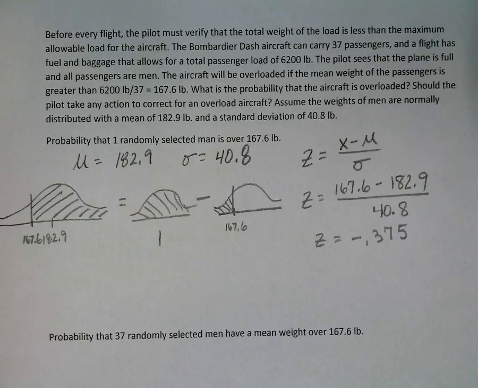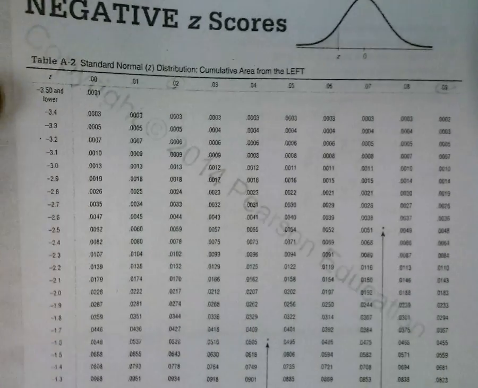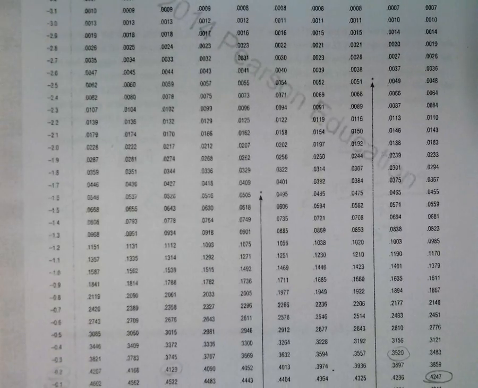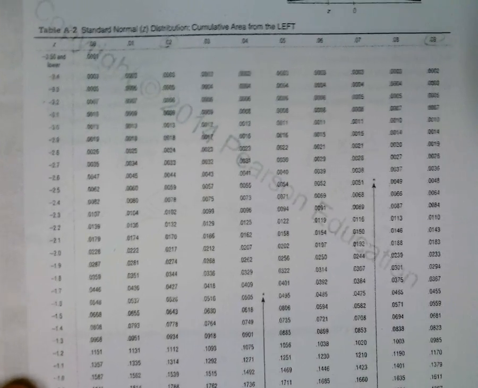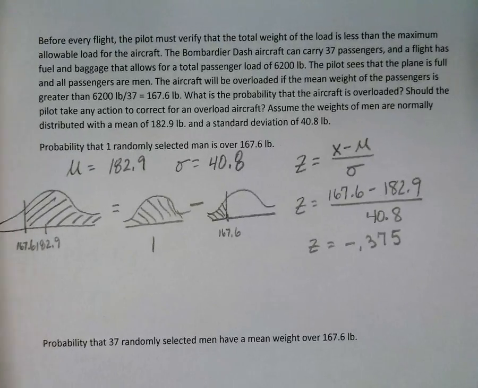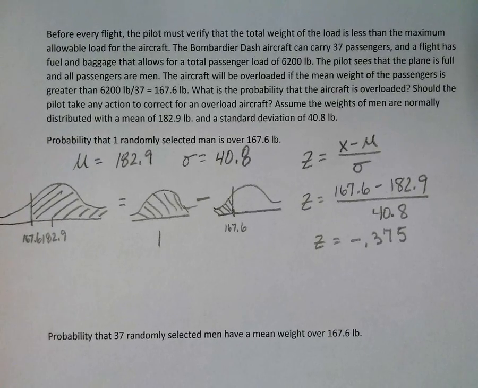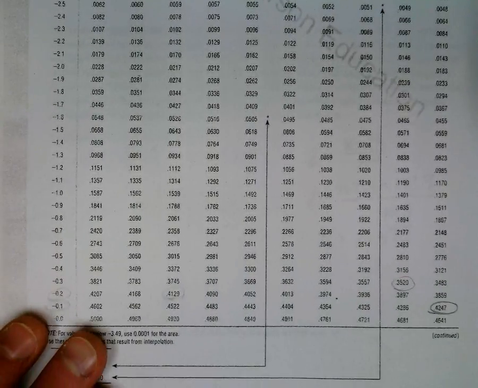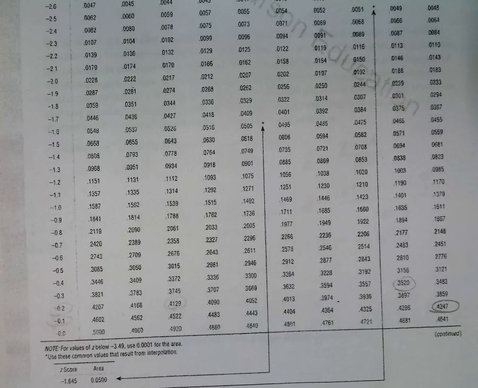Okay, and we can come up with this probability from our z-table using our z-score. Okay, so if we look at our negative z-table, we want to find negative 0.375, and of course our z-score only goes to the hundredths place, so we're going to round that to negative 0.38. Okay, so remember we find the tenths place on the column here to the left.